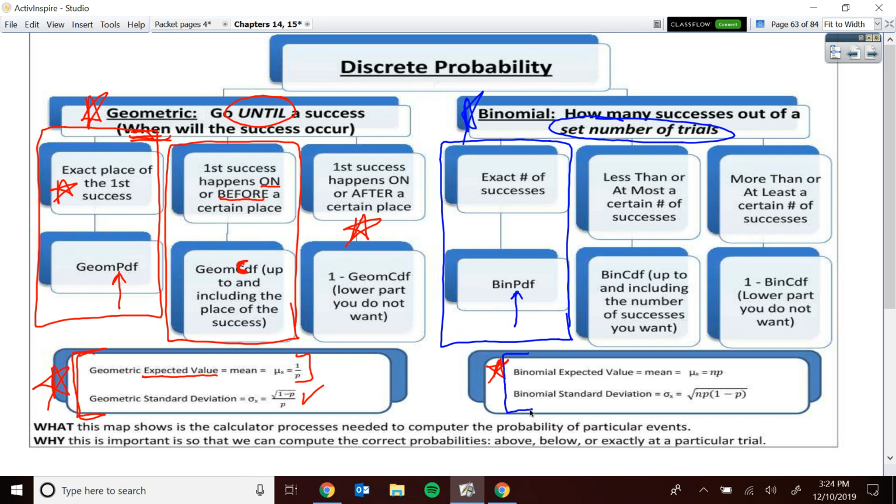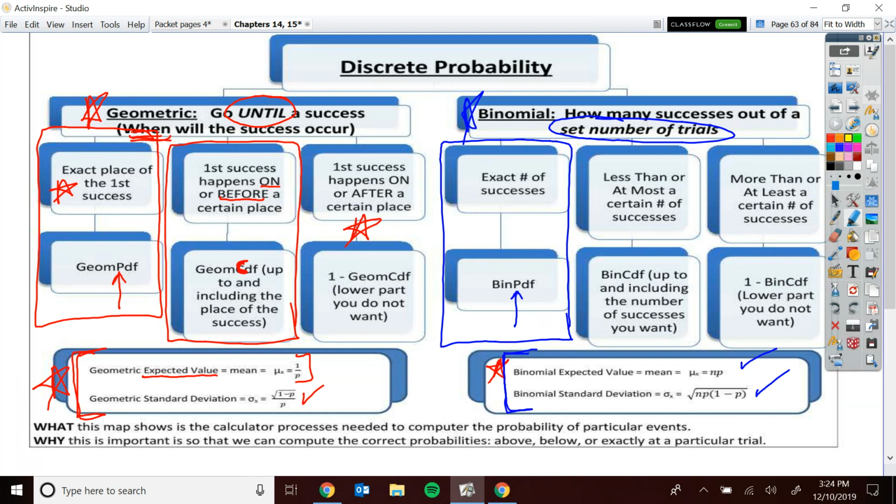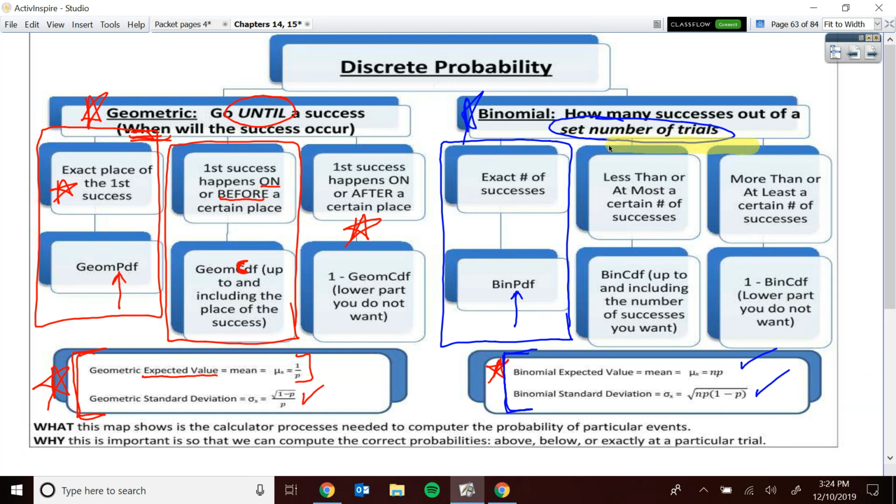We also did the mean and standard deviation for that, and a little bit of normal model stuff after that. So our goal today is to make sure you can tell the difference in those and then learn about these cumulative ones for binomial and this particular cumulative one for geometric.